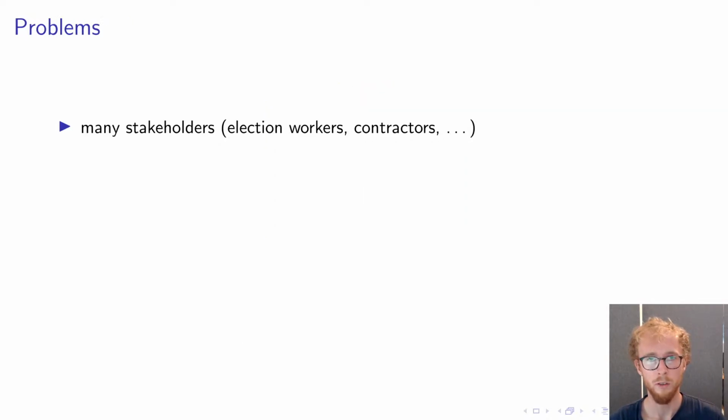So one of the problems we face, as I already said, is we have many stakeholders. We have election workers in the polling location who have to access the server and submit the result at the end of the day. We have contractors that run the infrastructure. We have contractors that run the software. We have officials that are higher up in the processing hierarchy and need to get all the submitted results, compute them, accumulate them.